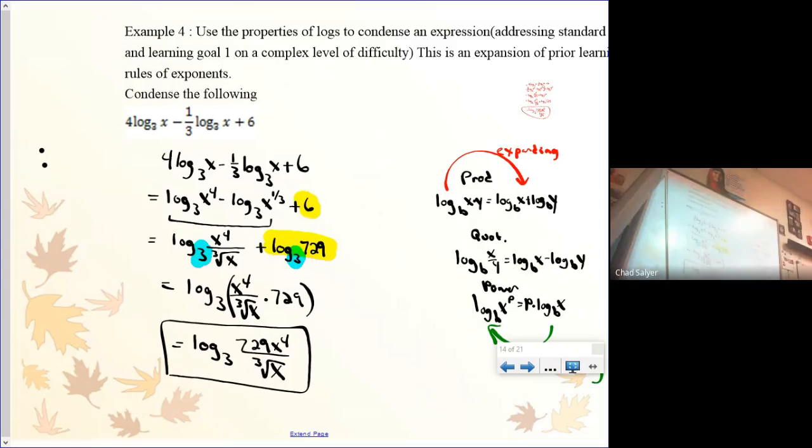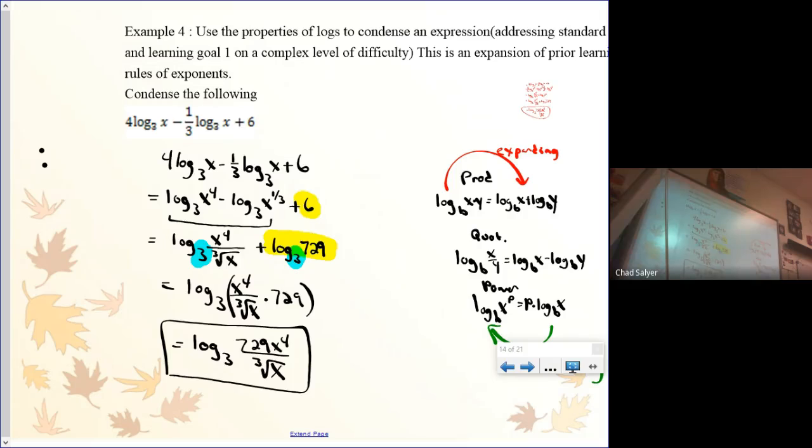Okay. Questions about that? That's expanding and condensing. So expanding is when we start with something that's pretty concise and we make it big. And condensing is typically where we start with a bigger expression and make it smaller.